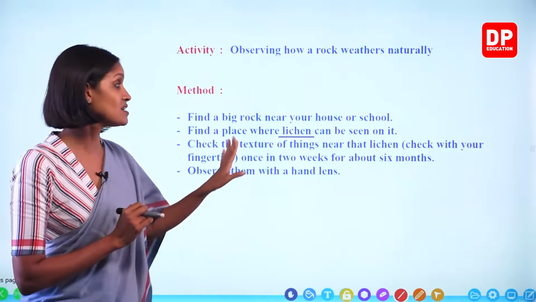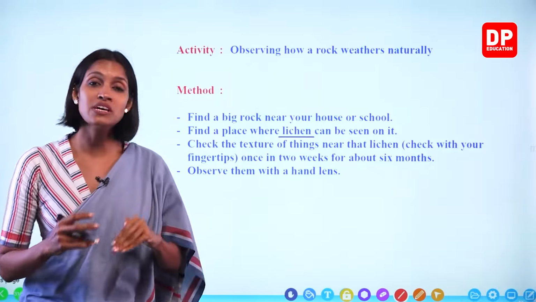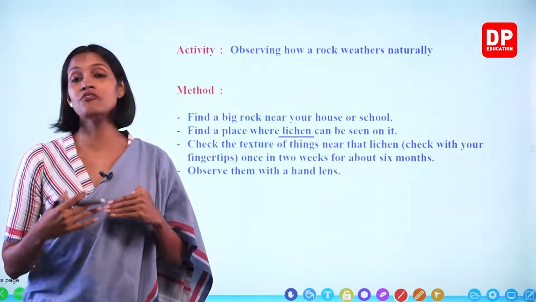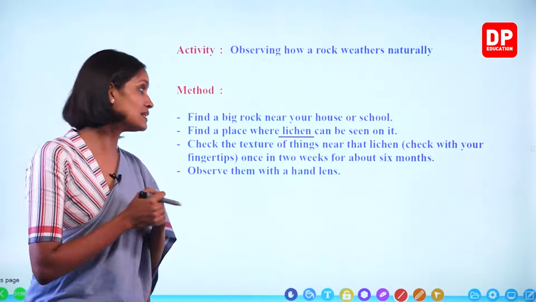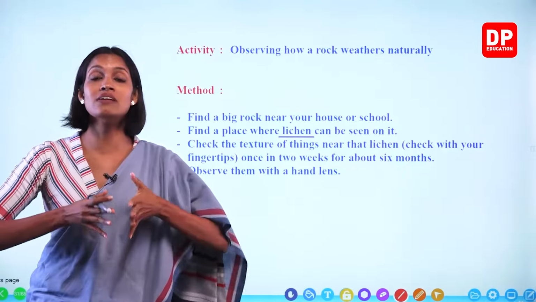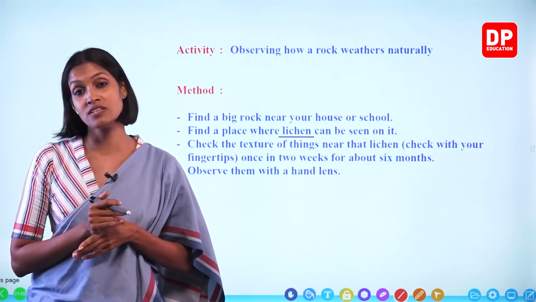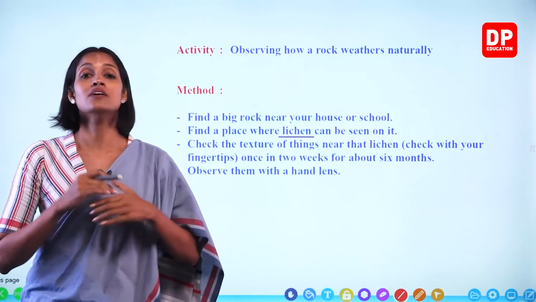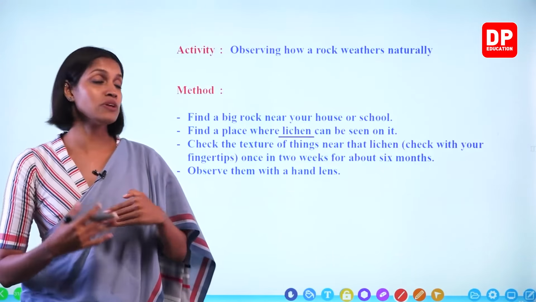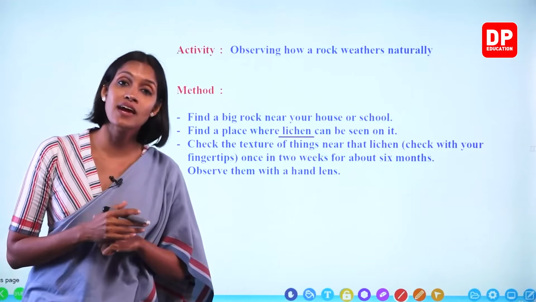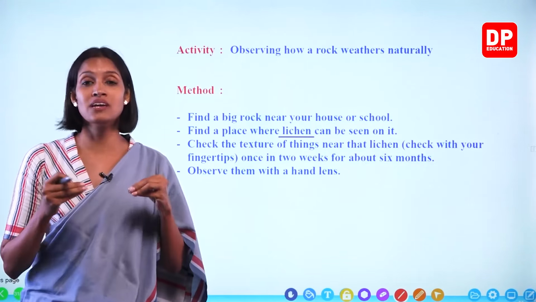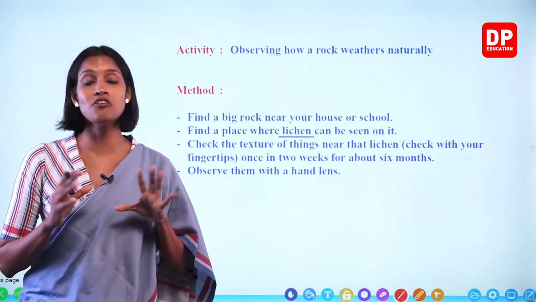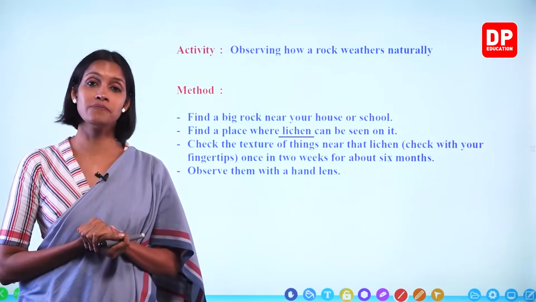That is because, as I explained before, the algae and fungi living on these lichens release different chemical substances, acidic substances. When these chemical substances react with the minerals in the rock, they break down, and then weathering of rock takes place.